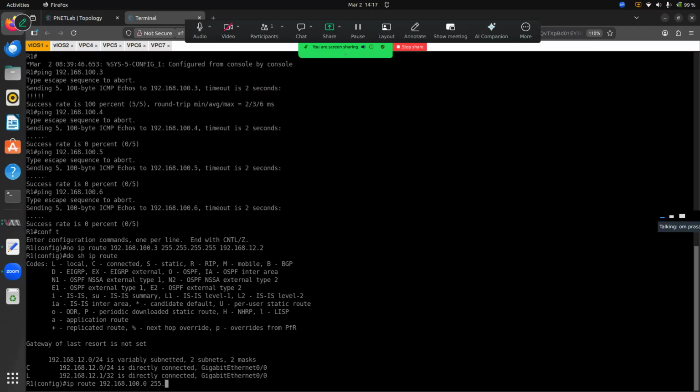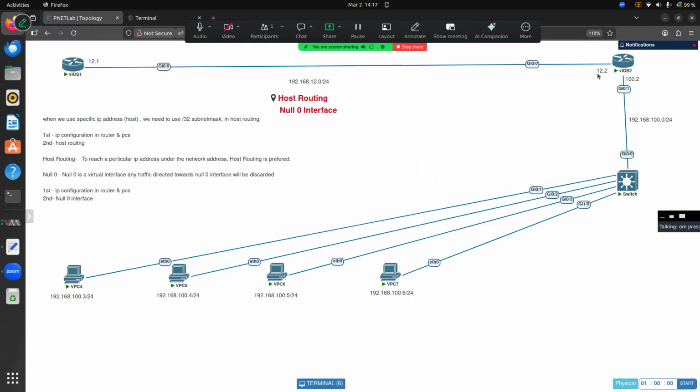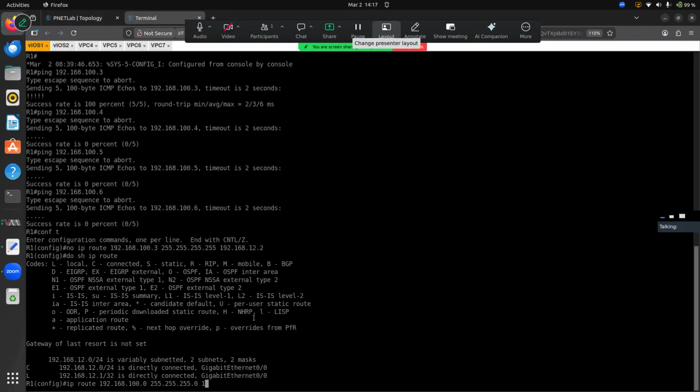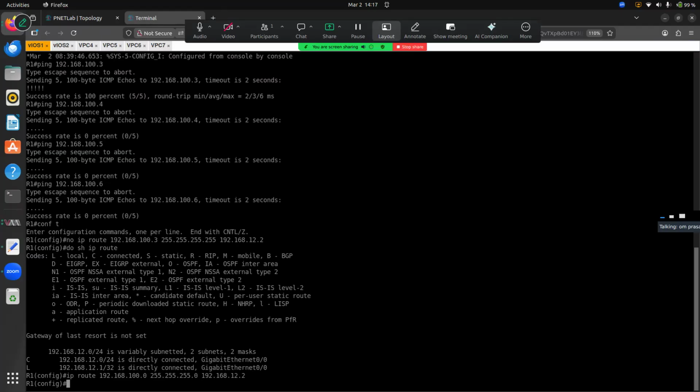Then what is my subnet mask? 255.255.255.0. Then what is my next hop IP? I think 12.2, right? It's 192.168.12.2. Okay. This is my static routing.